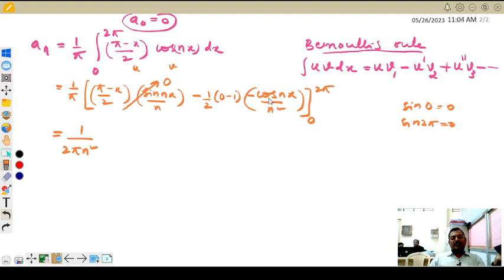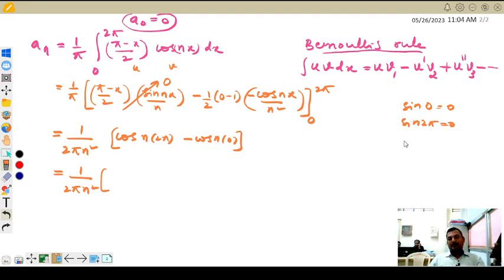Substitute, it is only remaining cos nx. Substitute the upper limit cos n into 2 pi minus n into 0, upper limit minus lower limit, which is 1 by 2 pi n square into cos.